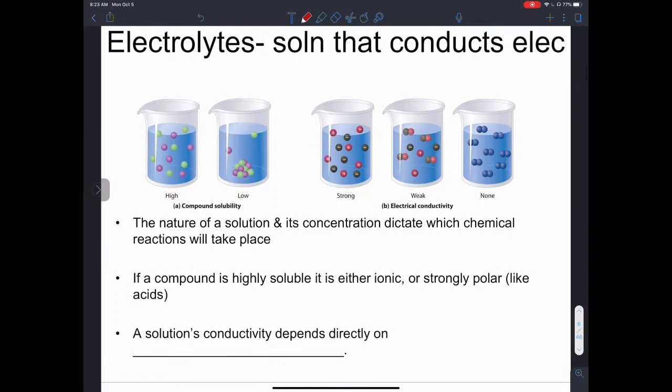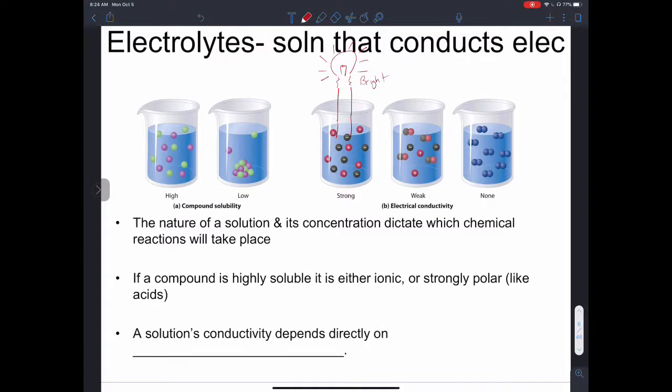Now let's talk a little bit about electrolytes. Remember in the past, probably sophomore year, you did a lab with various beakers of substances and you added a light bulb to them, right? Probably put some electrodes down into the water, and then on the top there was a light bulb. And when you put it into the strong electrolyte, that light bulb glowed brightly.